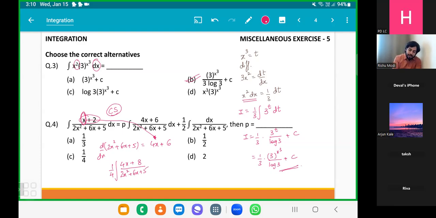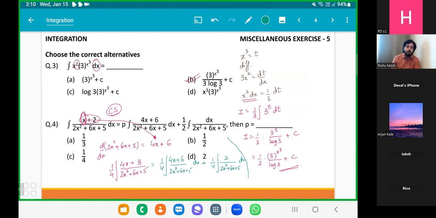So I will split 8 into two parts. So I will have 1 by 4, 4x plus 6 upon the denominator, plus 1 by 4, 2 upon the denominator. So I have split the 8 as 6 and 2.